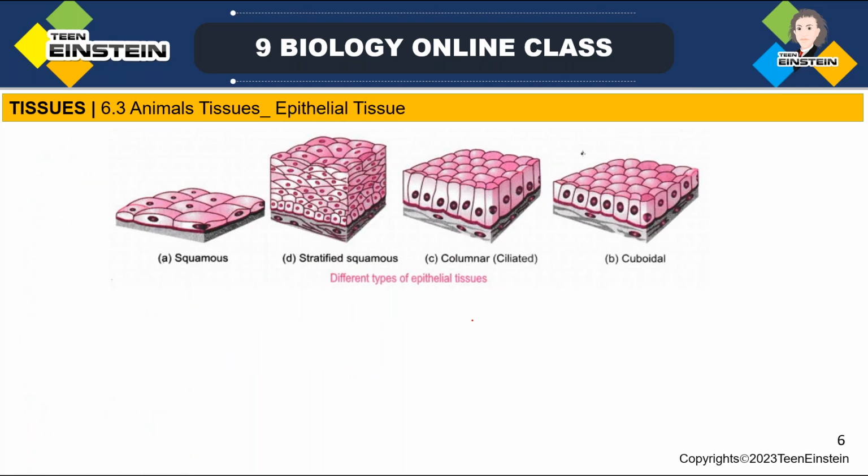About epithelial tissue, we have already discussed. Depending upon the shape and function, epithelial tissue is classified into squamous epithelium, stratified squamous epithelium, columnar epithelium, and cuboidal epithelium.